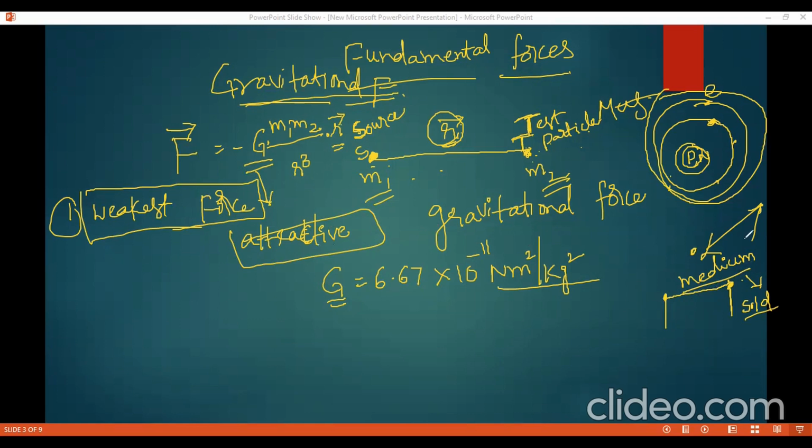So gravitational force is the weakest force, it is attractive, and it is independent of the medium. These are the things you have to remember when we talk about gravitational force.